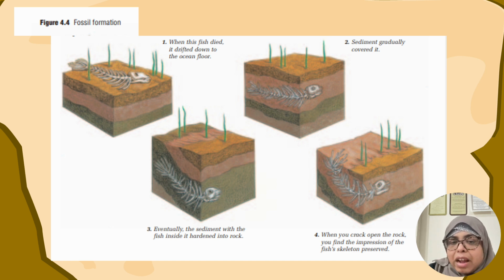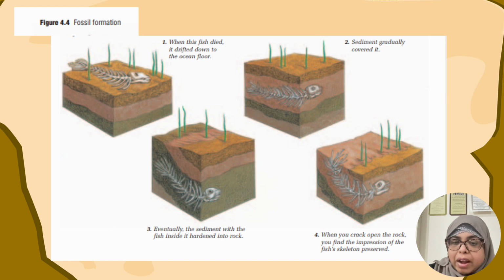And then gradually it started sinking into the sand deeper and deeper, and layers of sand and sediment started to cover it. Okay, and as more materials start piling on it, the pressure on it increases as well, right? So eventually the sediment with the fish inside hardens to a rock.